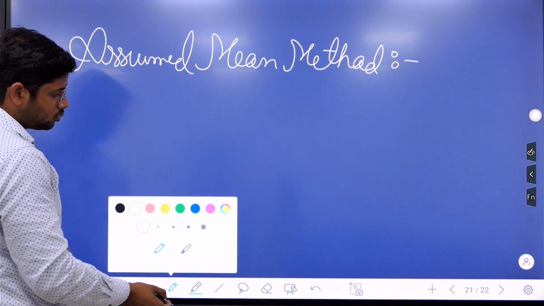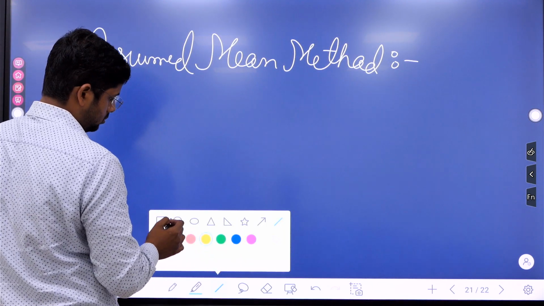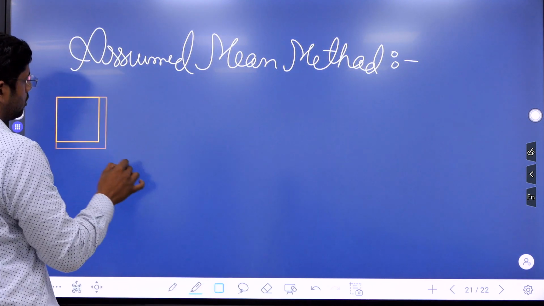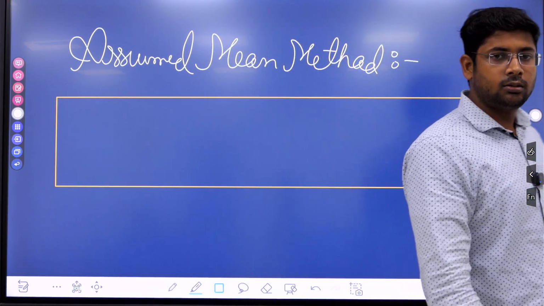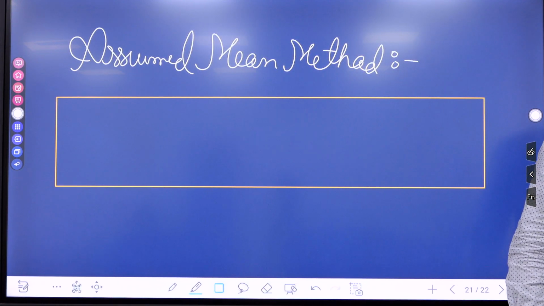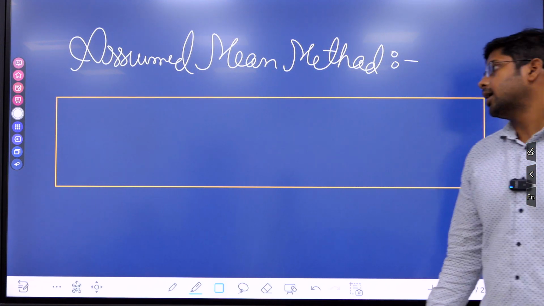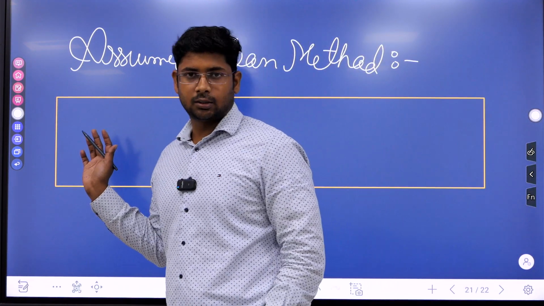So now come to the assumed mean method. In the assumed mean method, you also draw one table. We take different points, and all of them are related to the direct method.